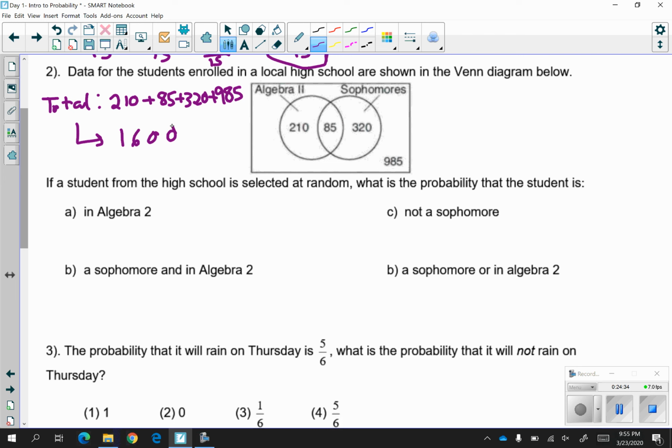So in the first one, we're talking about the probability that a student is in Algebra 2. So you're going to circle the Algebra 2 circle, and that is going to be 210 plus the 85 in the middle, which gives you 295 people out of the 1,600.